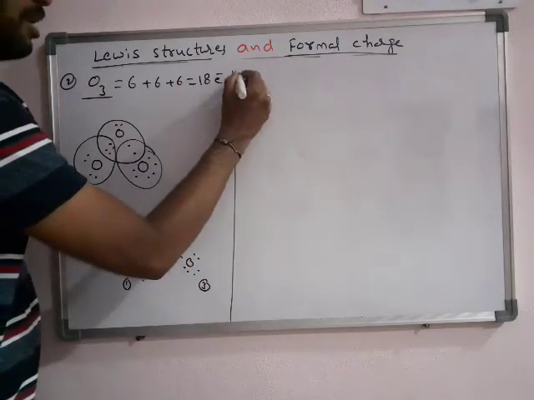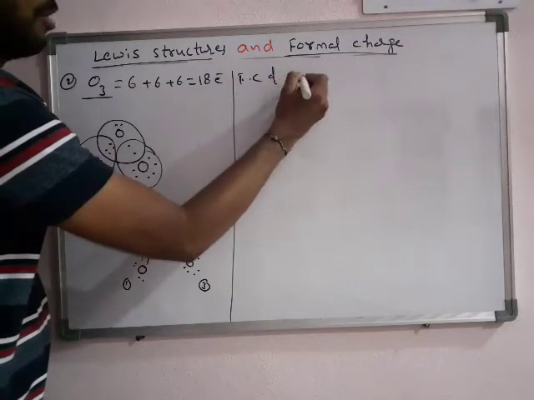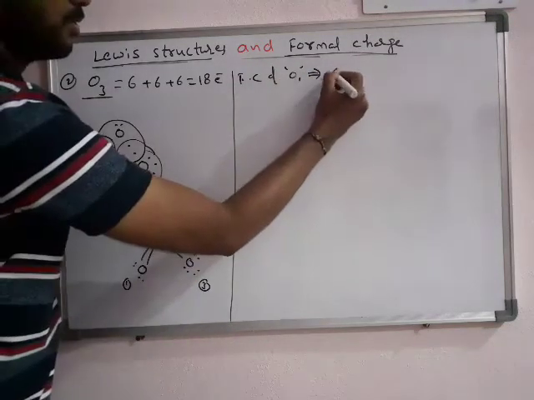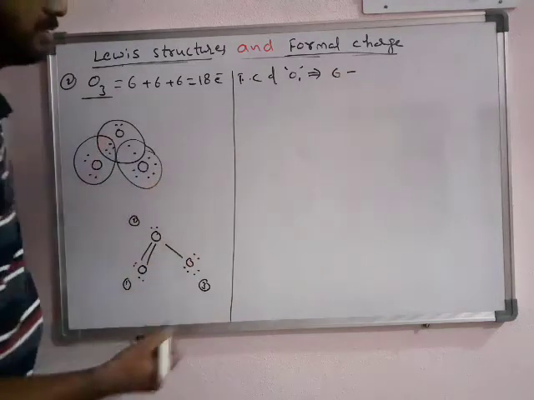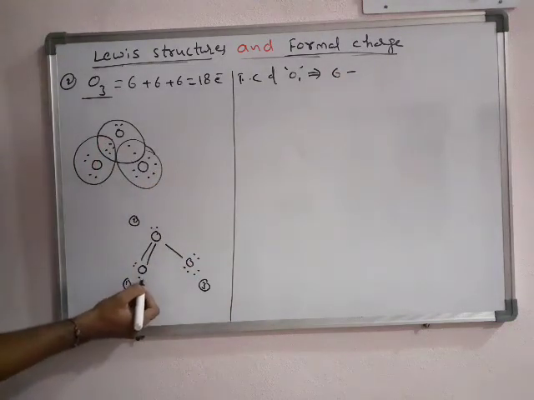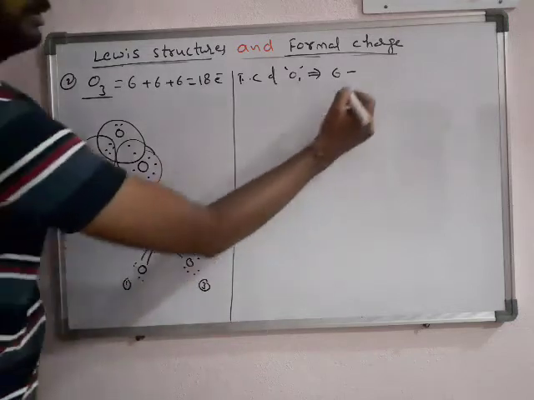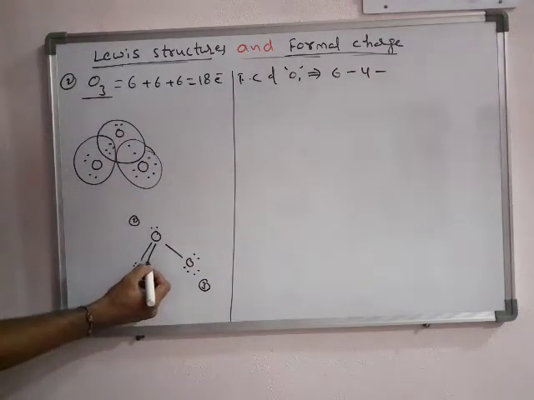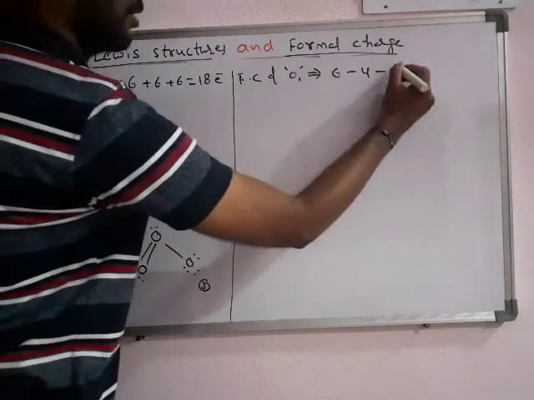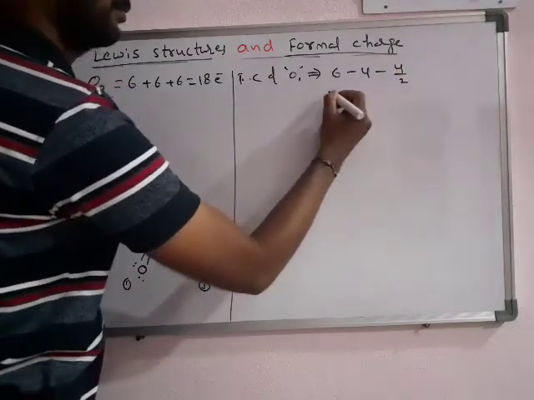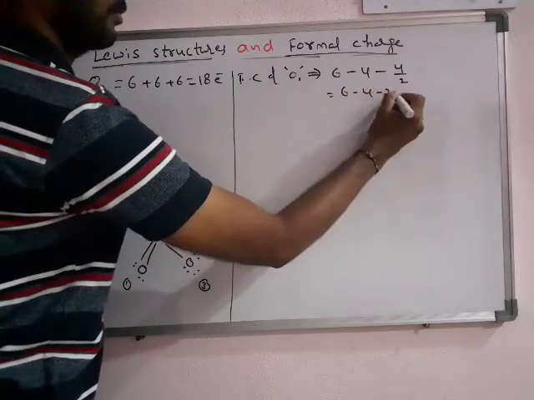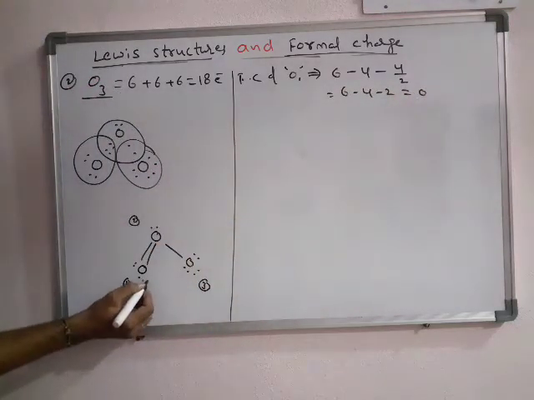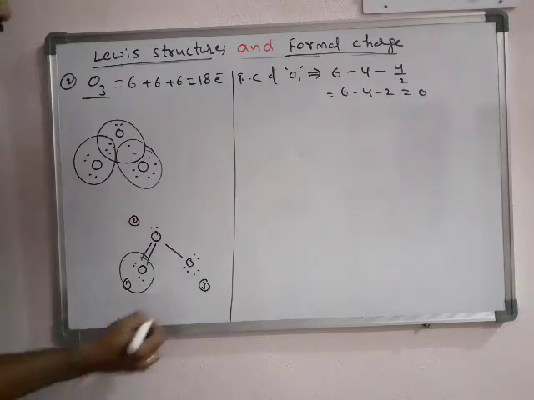First is the formal charge of the first oxygen. 6 valence electrons minus how many lone pairs are there? 2 lone pairs, so 4 non-bonding electrons. And how many bonding electrons? 2 bonds means 4 bonding electrons. That equals 0. Hence it has 0.